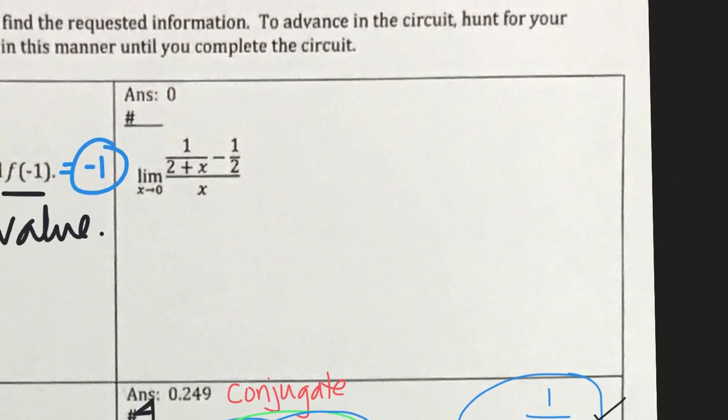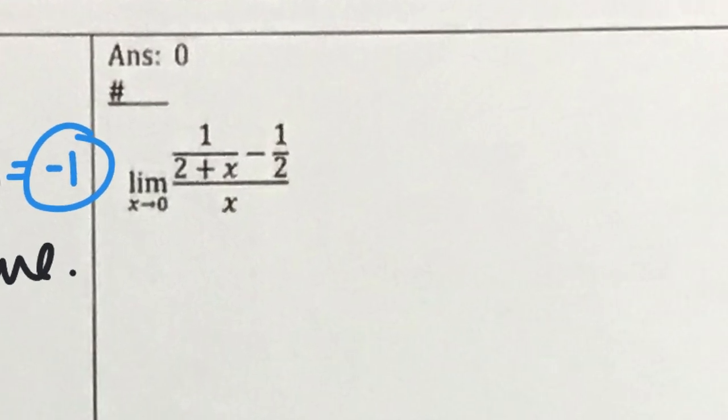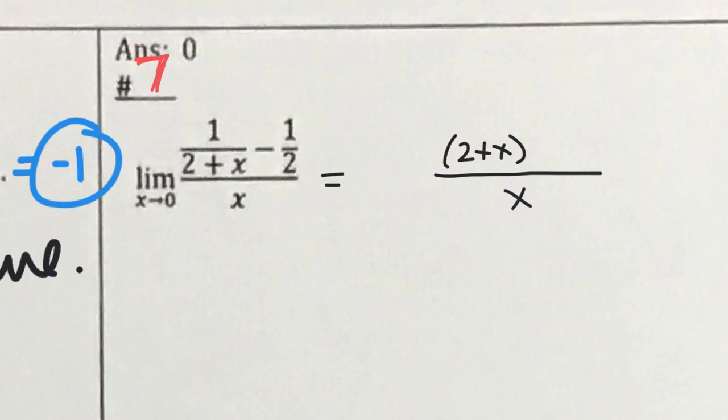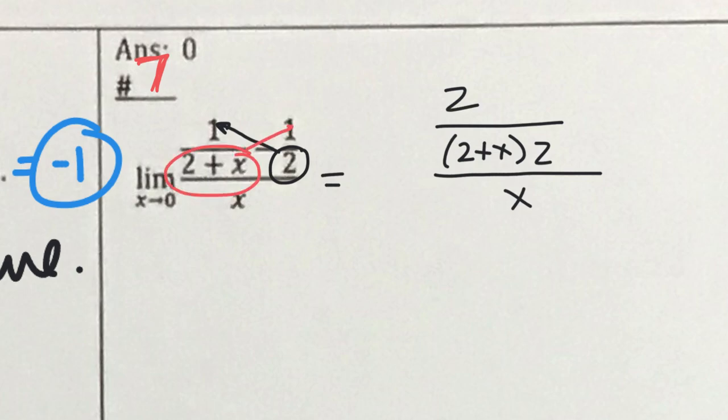Okay, this takes us over here to a many-times-missed problem, our fraction over x. So this is number 7. We deal with our numerator first, right? We have a fraction minus a fraction. And in order for them to be subtracted, we need to have the same denominator. So we're going to have a denominator of 2 plus x times 2. We combine both of our denominators, which means this 2 gets multiplied over here, and this 2 plus x gets multiplied over there.